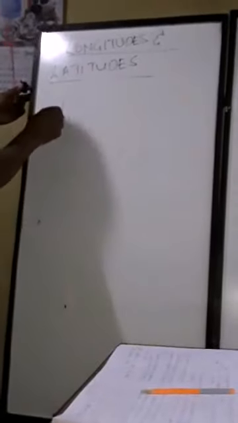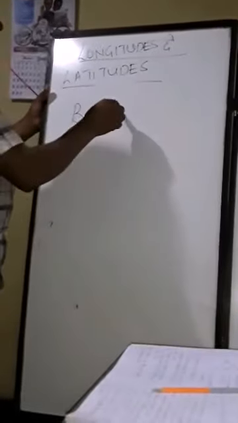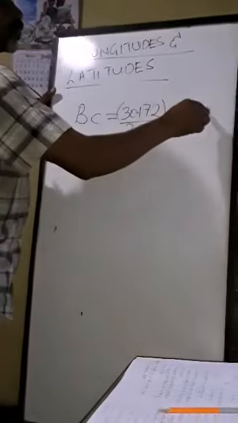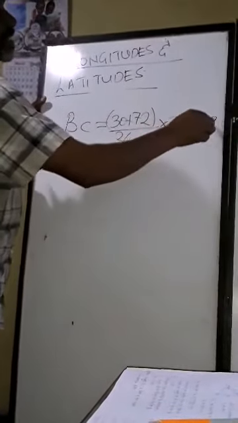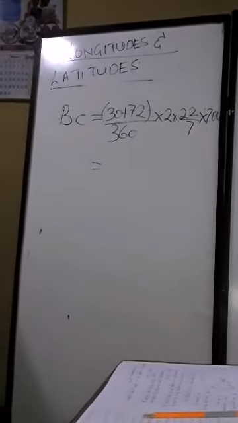So arc length BC is equal to the theta it subtends, which is 30 plus 72, all of it divided by 360, times 2 times 22 over 7 times 700. So that becomes arc length BC.